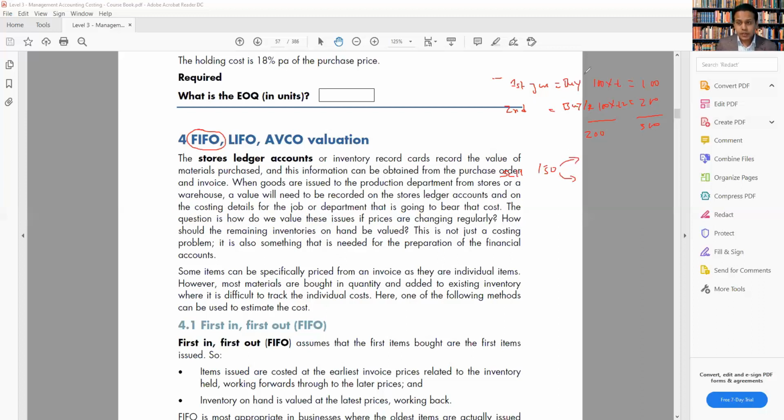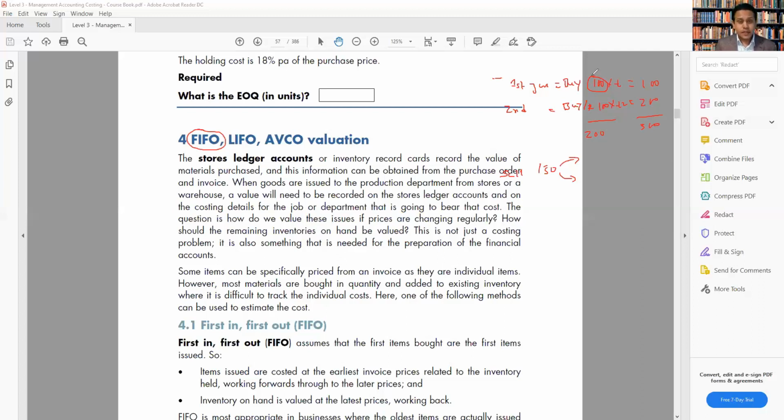From the 1st of January, we have 100. I'm going to use all of this first because I'm using FIFO. Right now we are talking about FIFO, that is first in, first out. According to FIFO, any material I buy earlier, I'm going to issue first, then I'll move to the next one.